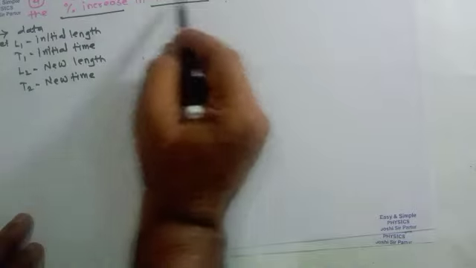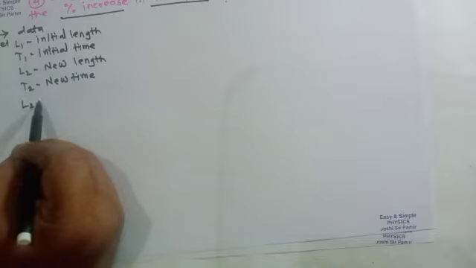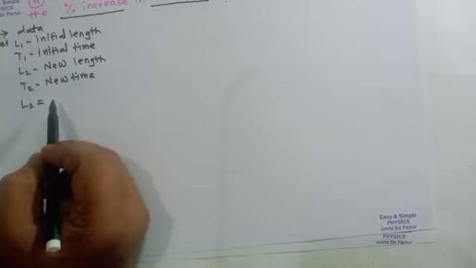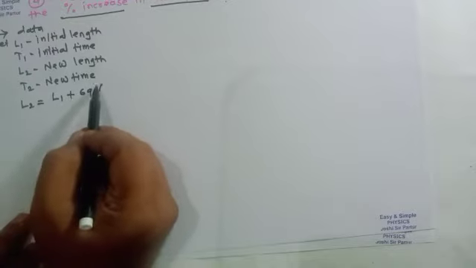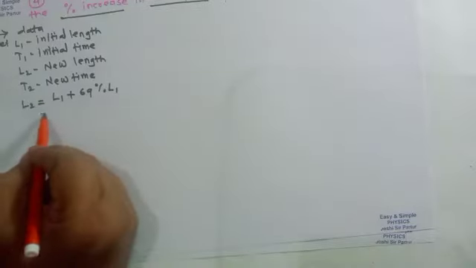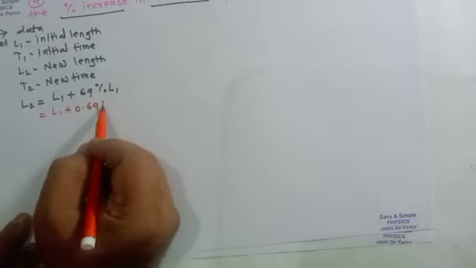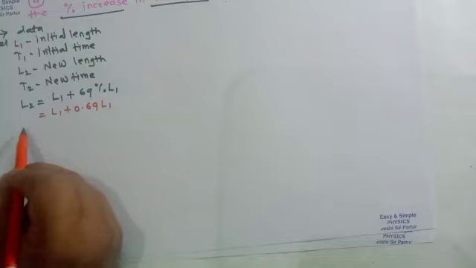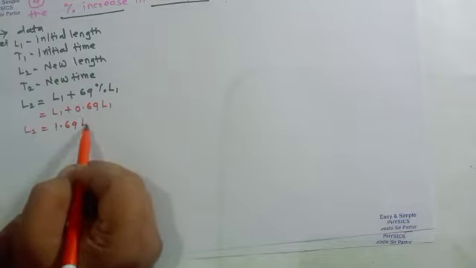Here, by seeing the example, L2 will be L1 plus 69% of L1 because it is increased. If decreased, then we subtract. So L1 plus 0.69 L1, it will be L2 equal to 1.69 L1.